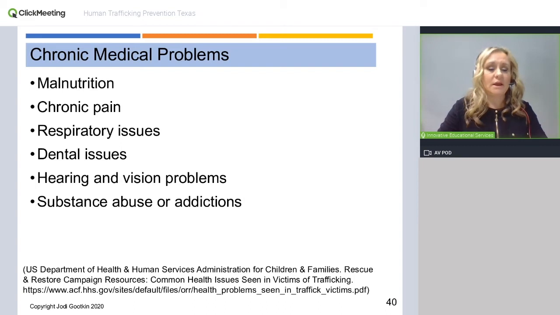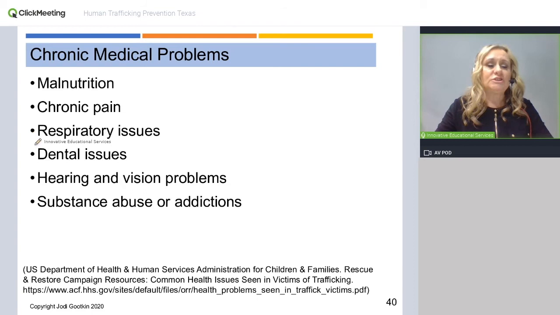Looking at more chronic conditions, this can be related to not having appropriate food, so malnutrition is exhibited in both adults and children. Particularly in children, it may evidence itself as impaired growth and development. From the work situations, there may be chronic pain and overuse patterns.